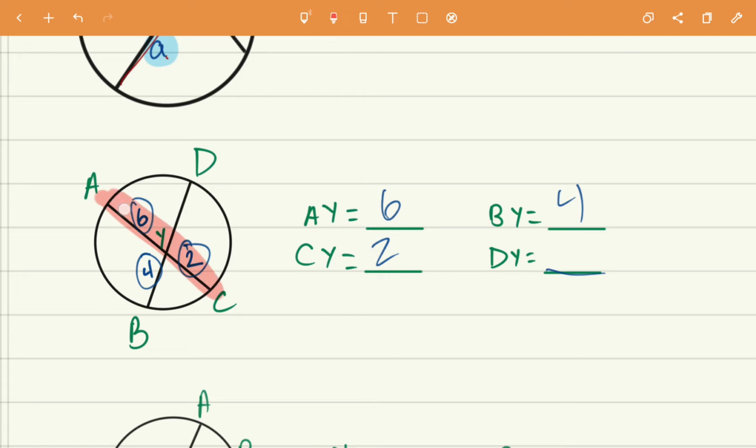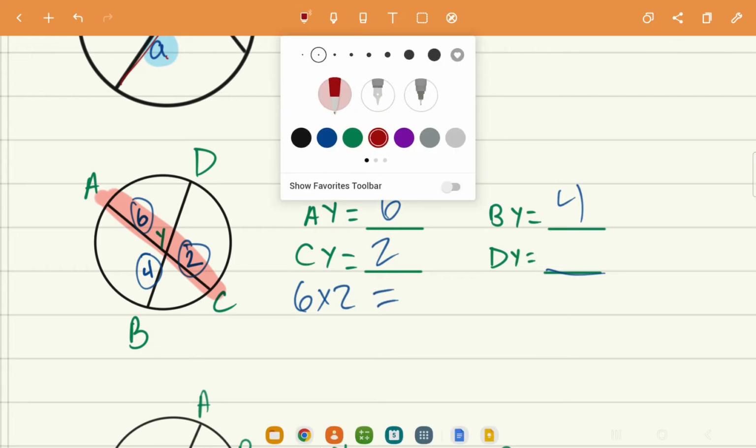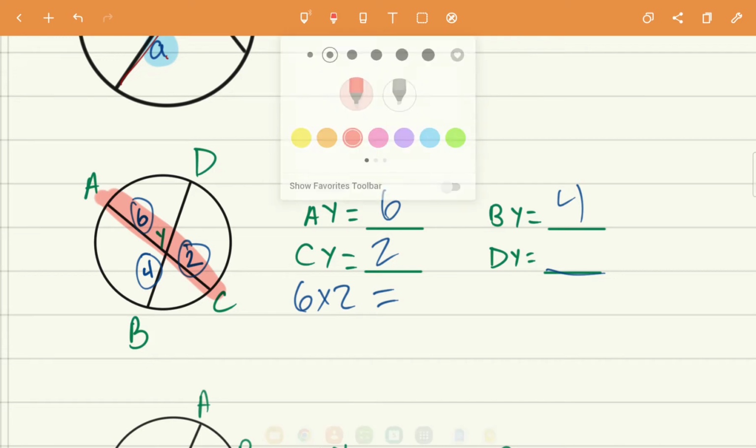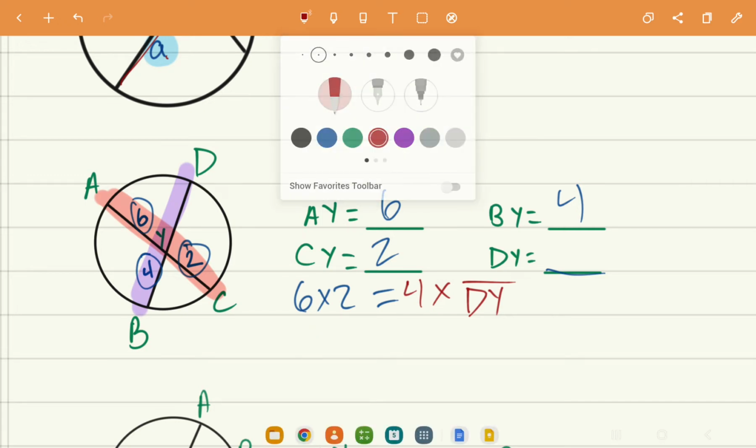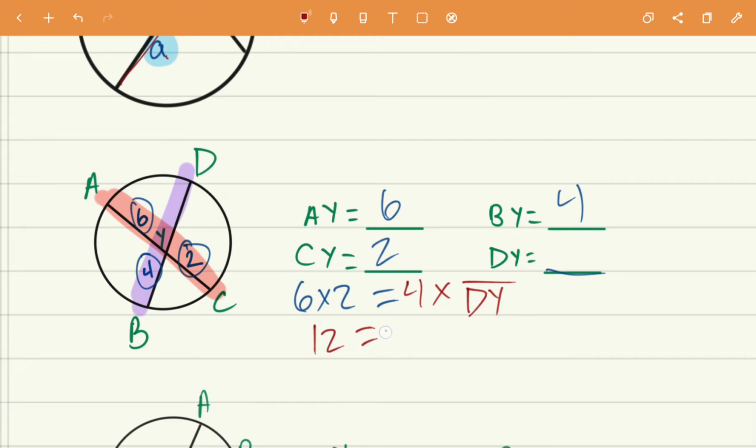So we're going to take both parts of this chord, multiplying together, we get 6 times 2, and set that equal to the other segments being multiplied together. So we get 4 times segment DY. 6 times 2 equals 12. And then we have 4 times DY. Divide both sides by 4 to get DY alone. And we can see 3 equals DY.